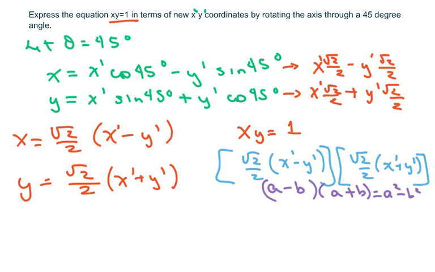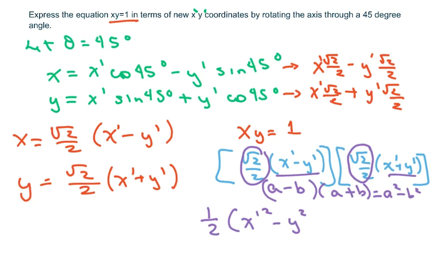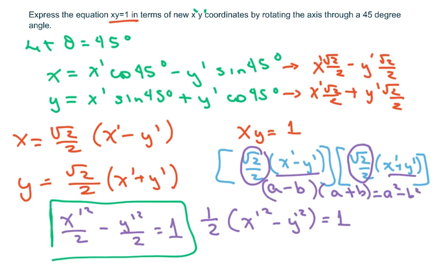Multiplying the coefficients, you just get 1/2, and the rest is x prime squared minus y prime squared equals 1. Or you can write it as x prime squared over 2 minus y prime squared over 2 equals 1. Just by looking at it, we know this is a hyperbola.